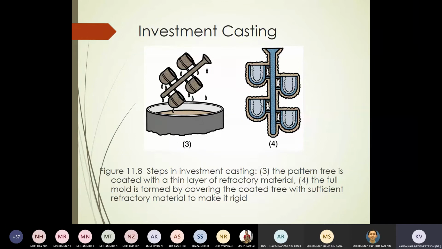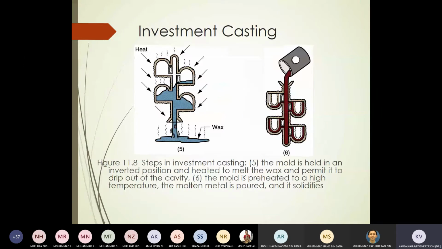The full mold is formed by covering the coated tree with sufficient refractory material to make it rigid. So you dip, you take out, it solidifies, you dip, you take out, it solidifies. So it's like in, out a few times until you get a layer like this. Then the mold is held in an inverted position and heated to melt the wax and permit it to drip out of the cavity.